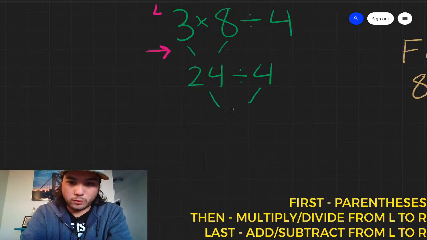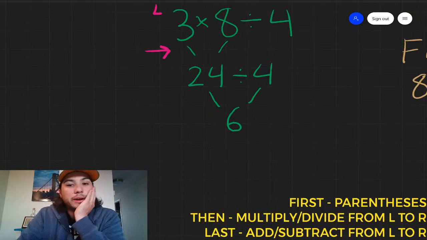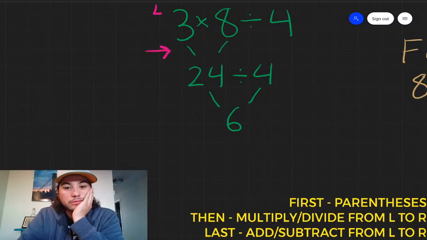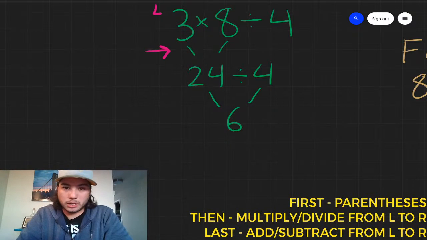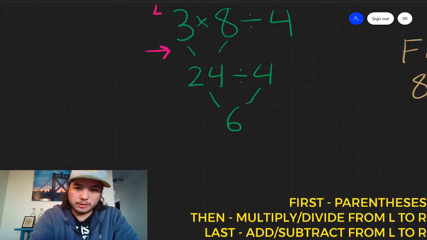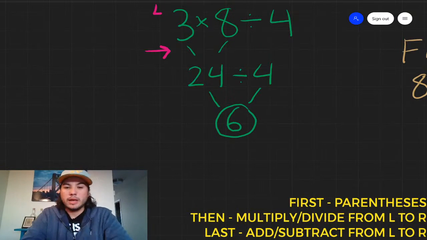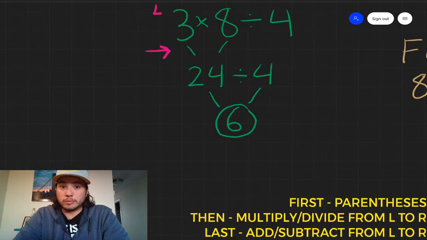Or 4 times 6 equals 24, right? Those are our pairs there, or our multiplication and division triangle, kind of. So we end up with 6 as the most simple form of this expression once we've done our operations in the correct order.